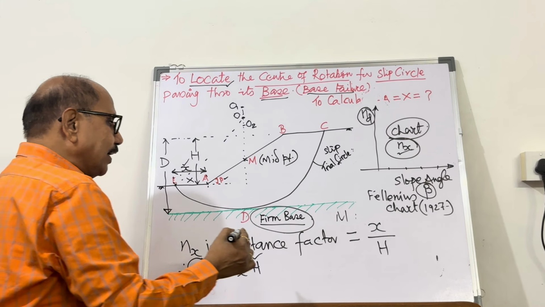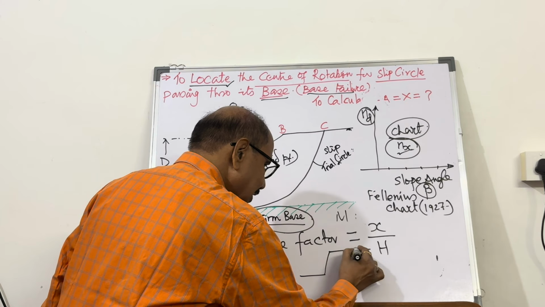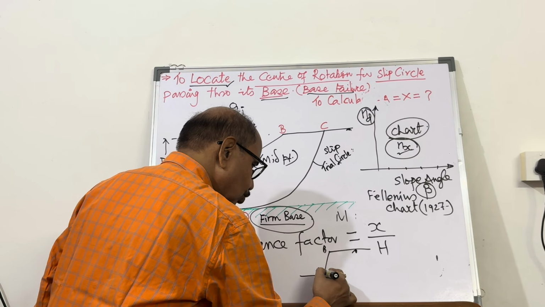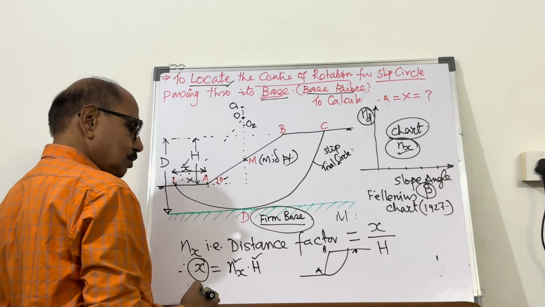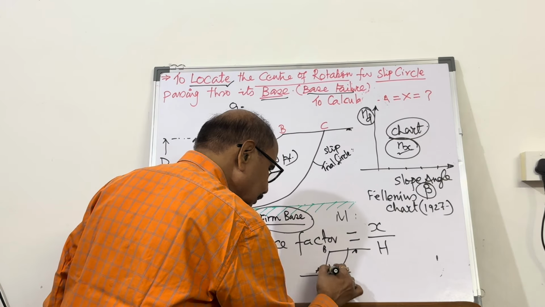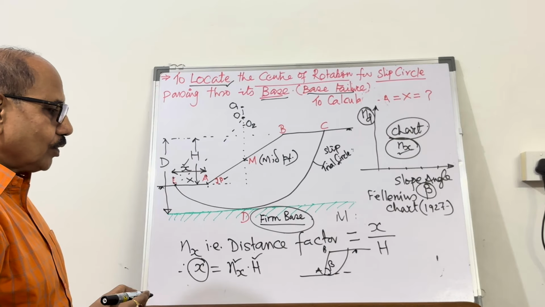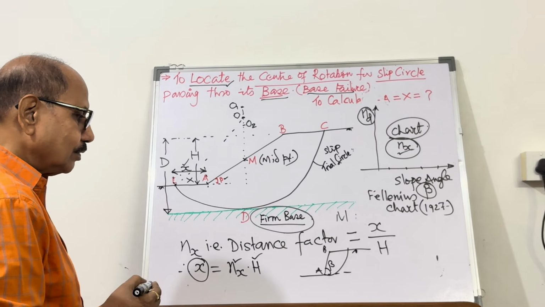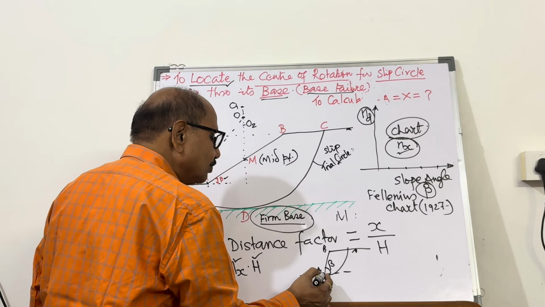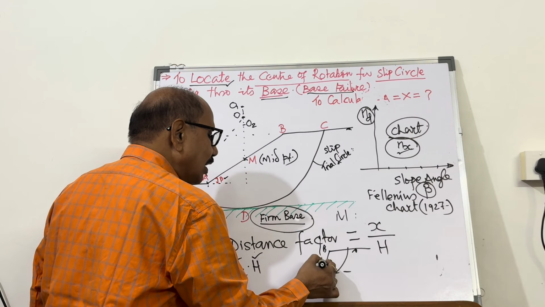Even in toe failure, you have seen that if this is the slope and there is a toe failure, and if this slope angle beta is greater than 53 degree, then you can find out the value of this angle alpha 1.